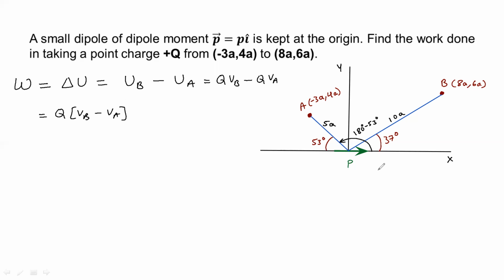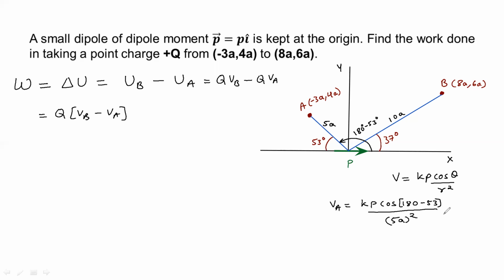Now let's individually calculate VA and VB. What's the formula of potential due to a dipole? It is Kp cos theta over r square. So VA is going to be Kp cos of 180 minus 53 over r square, which is the square of 5a.